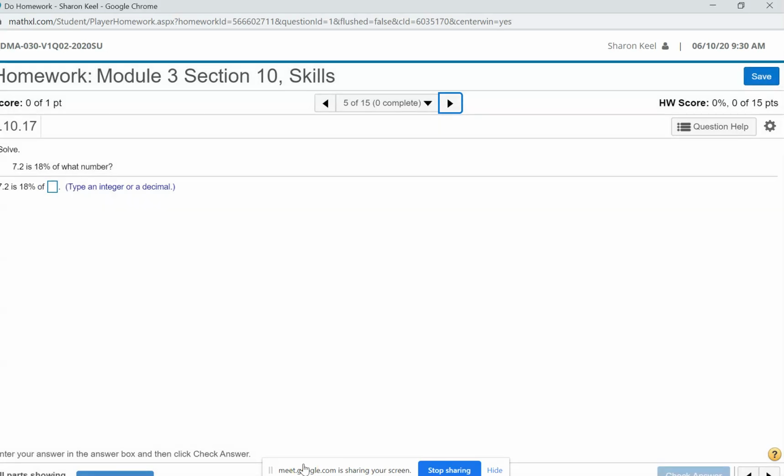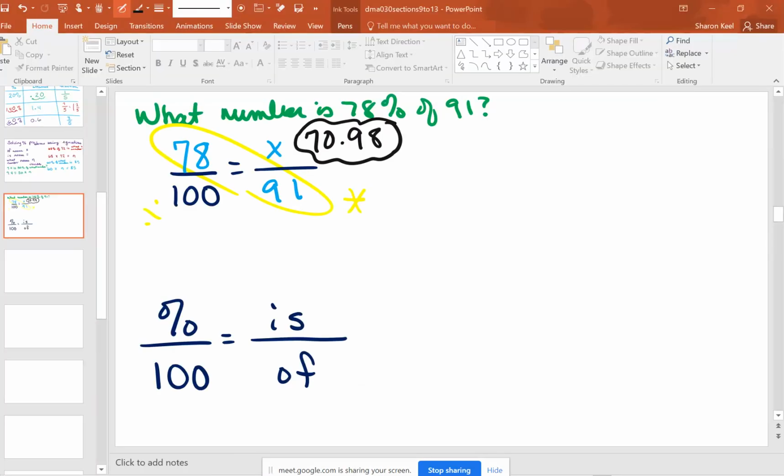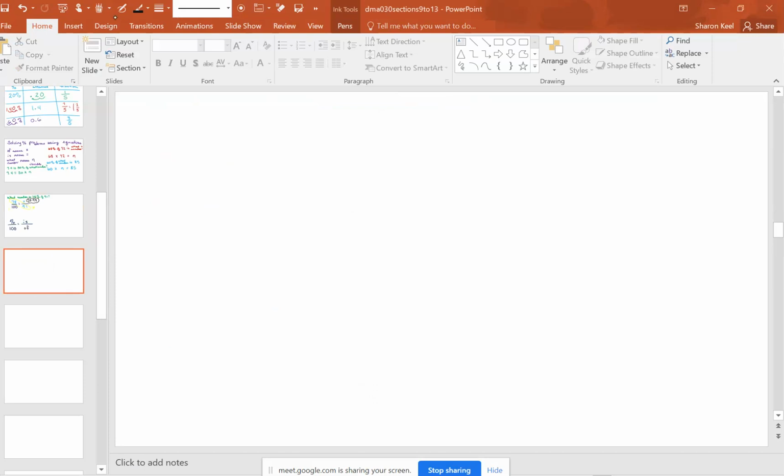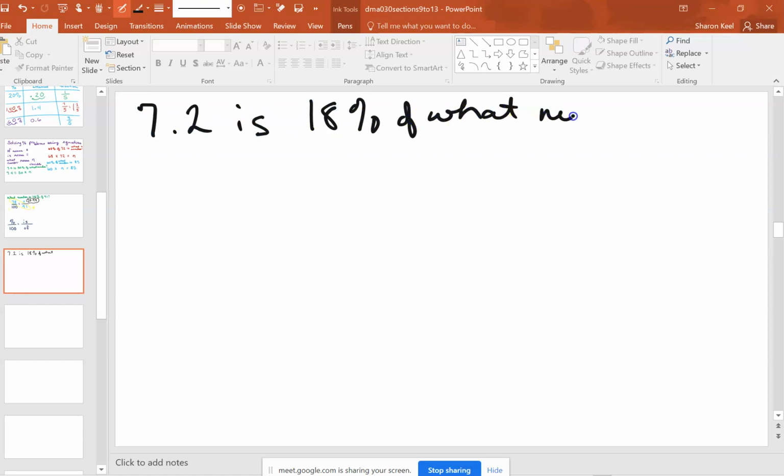Okay, this one is 7.2 is 18% of what number? So you're going to draw your lines for your proportion, put the 100 on the bottom.